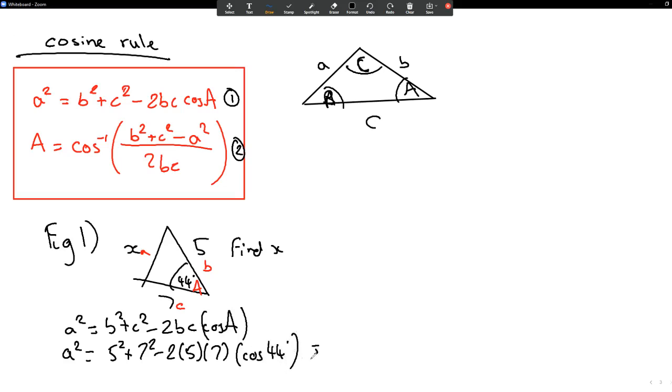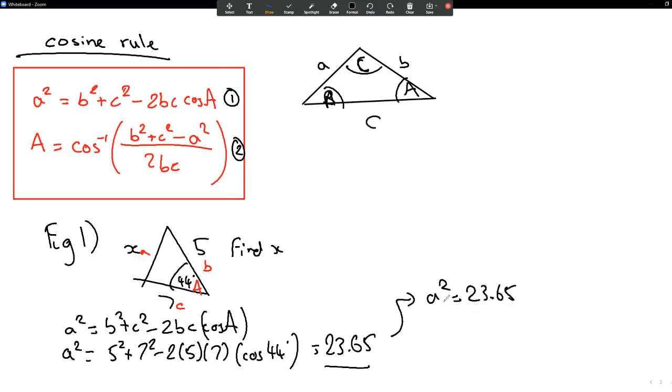Now let's just find the value for this, so I'm going to put it into my calculator. 5 squared plus 7 squared minus 2 times 5 times 7 times cos 44, and that equals 23.65, like that. But remember, this is a squared, so we have a squared equals 23.65.